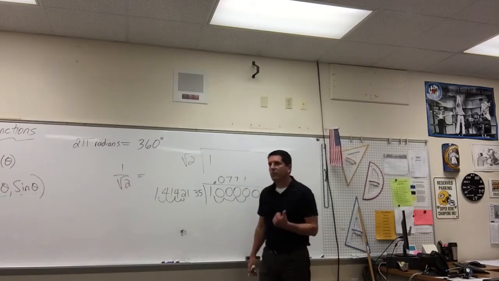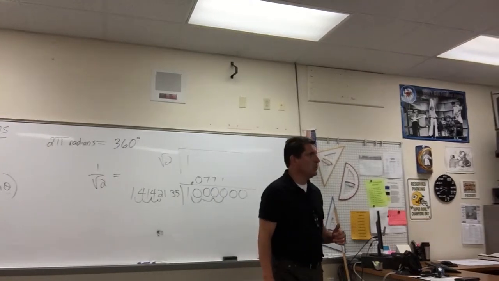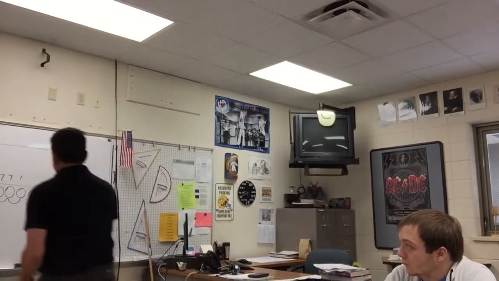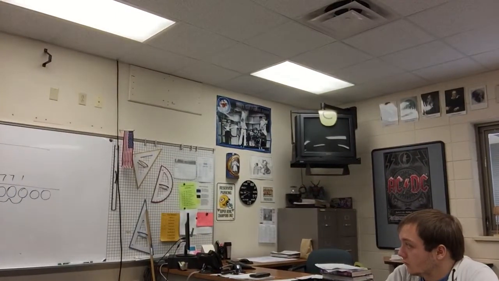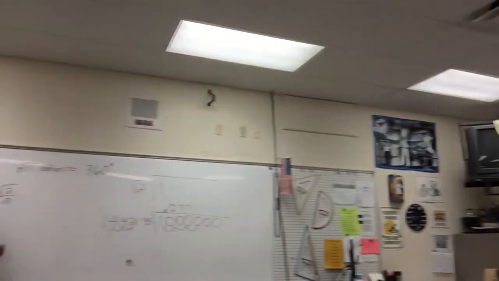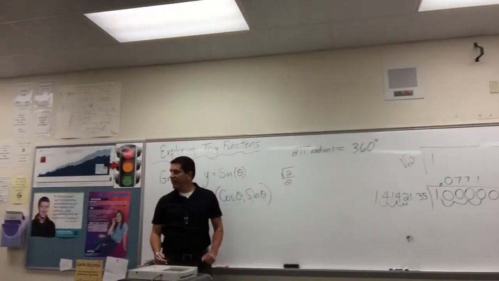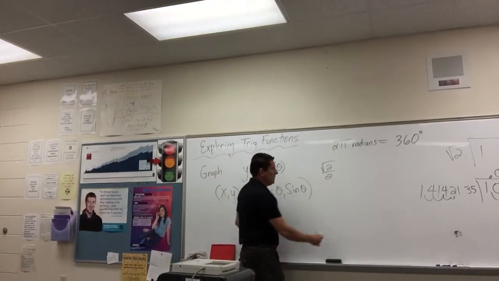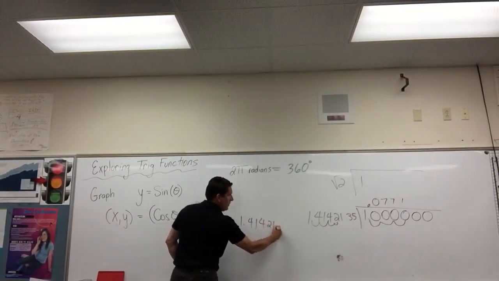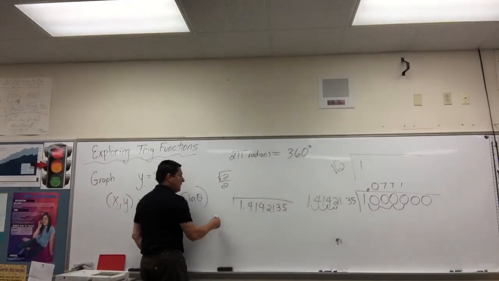Well, that seems kind of hard to do. So what these guys came up with is they said, you know, if we rationalize this puppy, all we have to do is say if this is the same as the square root of 2 over 2, and I say, get me a decimal number for that. Well, you're going to say it's 1.4142135, and we're going to divide it by 2.